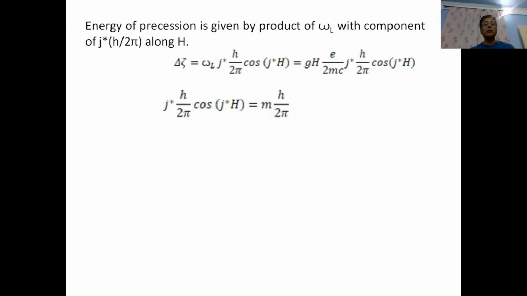Going slightly ahead, we know that J* h by 2π cos(J* H) is simply the projection of J* along the magnetic axis, and that is nothing but M h by 2π.